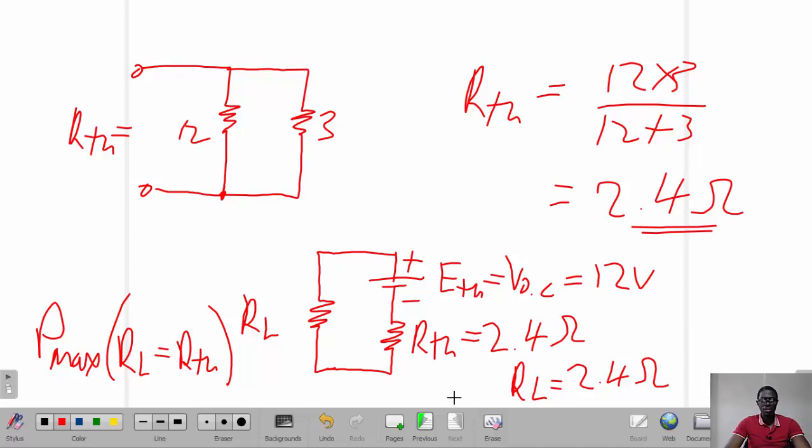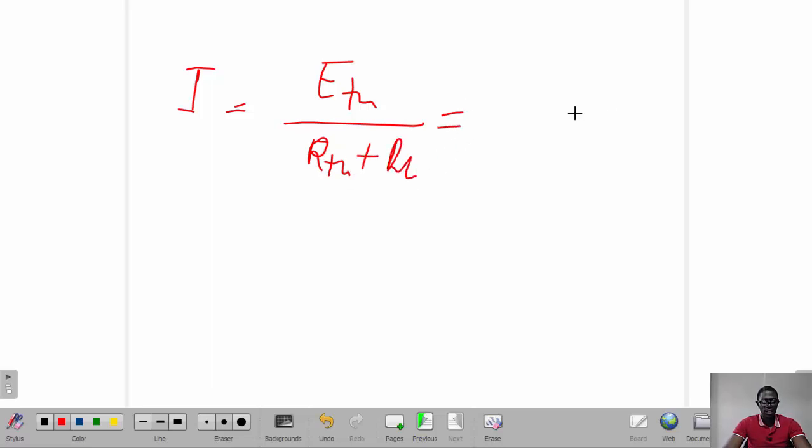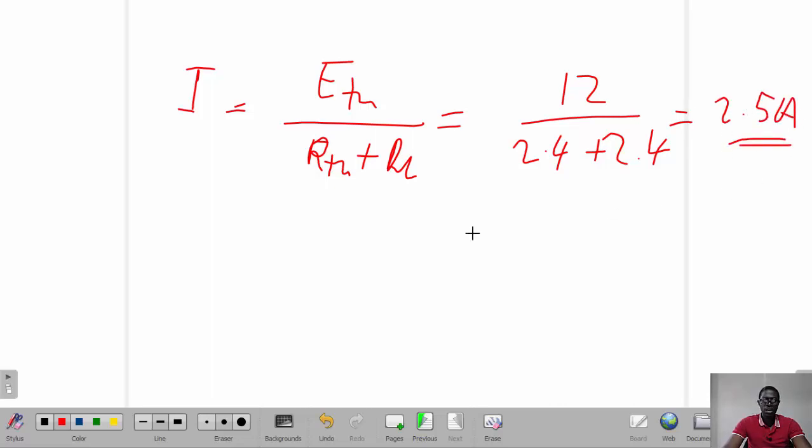And thereafter, we're able to determine the current and the power in the circuit. Our current I is simply equal to E Thevenin over R Thevenin plus RL. This is simply 12 over 2.4 plus 2.4, and that gives us 2.5 amps as the current.